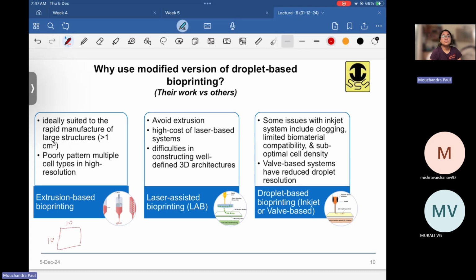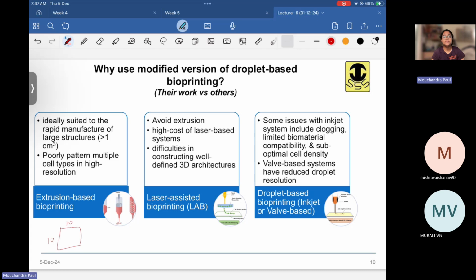Okay, so that's why it's said here that extrusion based bioprinting is ideally suited to make large structures. But one disadvantage is that it cannot, or it poorly patterns, multiple cell types in high resolution.